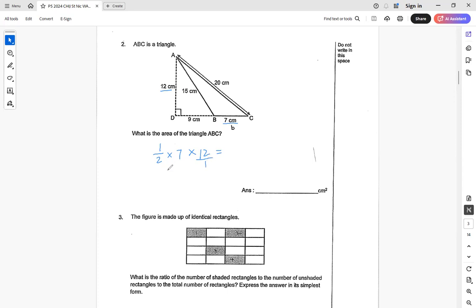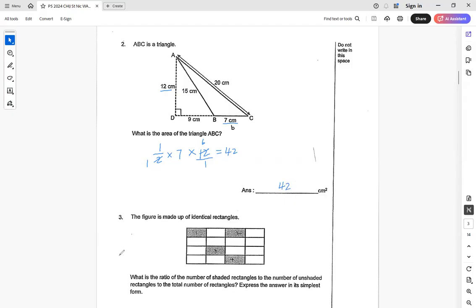Remember, for fractions we can simplify diagonally. So this 2 and the 12, both you can divide by 2. So 2 divided by 2, you get 1. 12 divided by 2, you get 6. So this first one just becomes 1 over 1, that's just 1. That leaves us with 7 times 6. That will be 42. So your answer for question 2 will be 42 square centimeters.